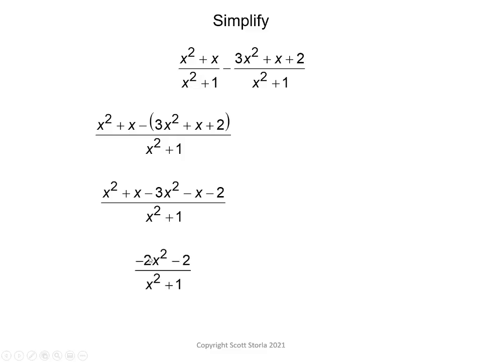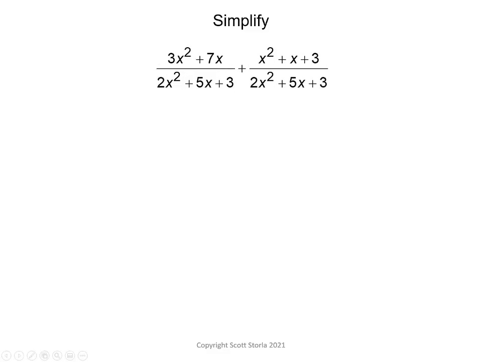Since the coefficient of the second degree term is negative, make sure you factor out a negative 2. I notice both of these sums are the same, so I have a common factor. If I think of this as 1 times x squared plus 1, they reduce to 1, and I'm left with negative 2.